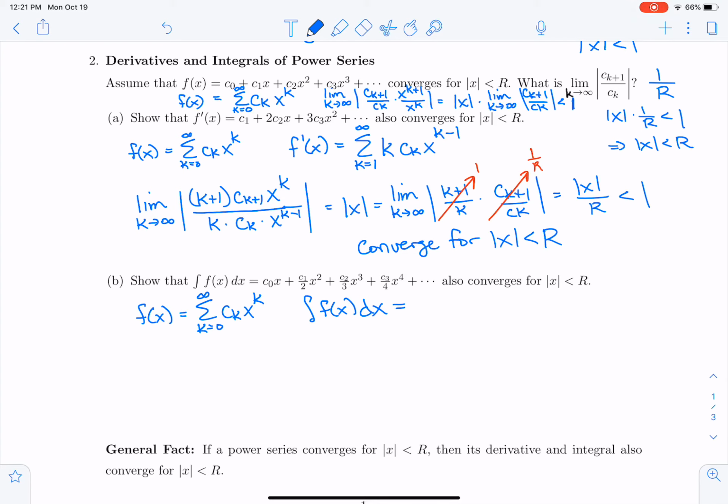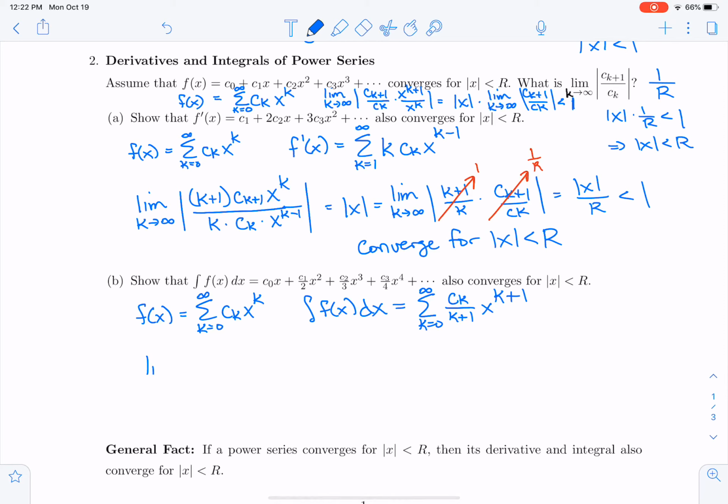And for c2 x squared, its antiderivative is c2 over 3 x cubed, etc., etc. If I take antiderivatives term by term, the antiderivative of x to the k is 1 over k plus 1 times x to the k plus 1. And then the question is, does that series converge?